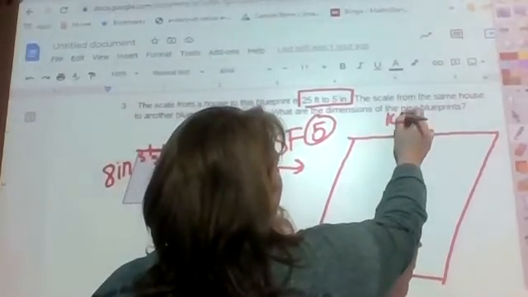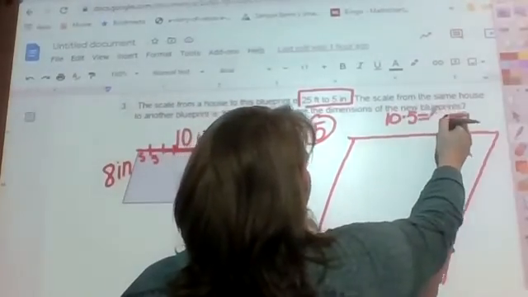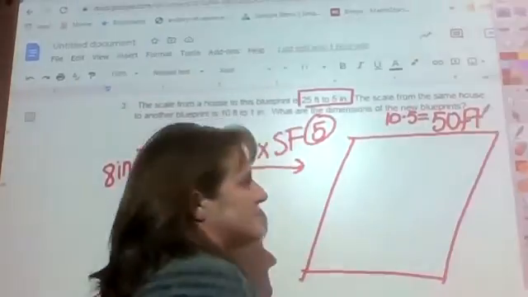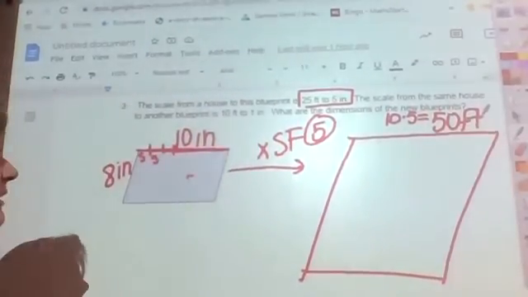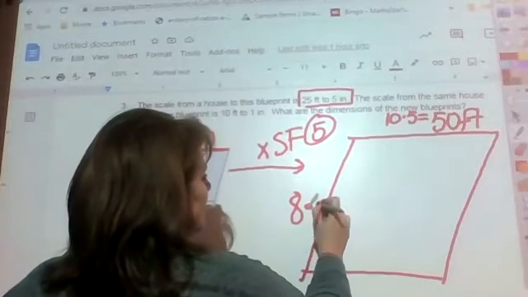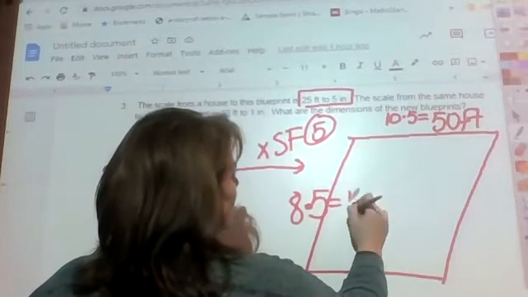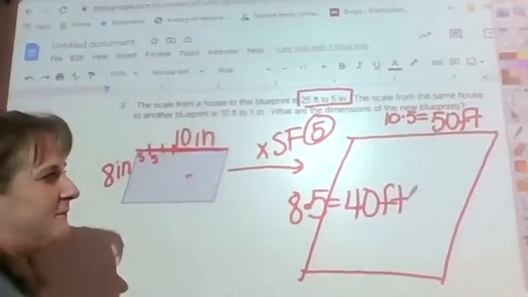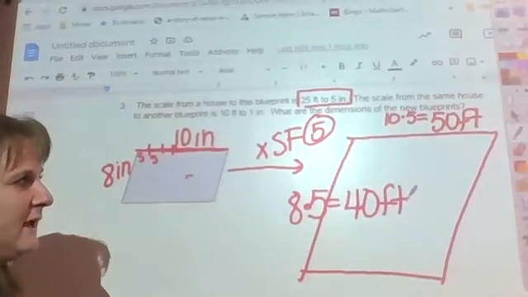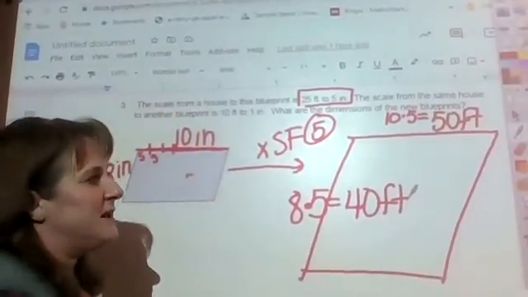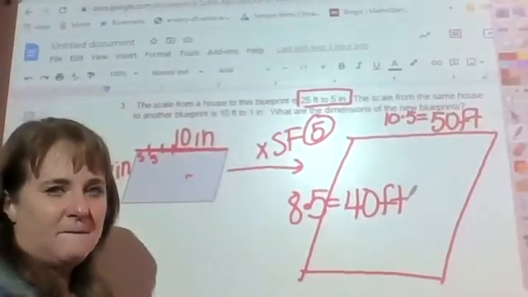This is 10 inches times our scale factor, so this comes out to be 50 feet. All right, this side right here is 8 inches times our scale factor. So really, that side is 40 feet. Okay, so that's what the actual dimensions of the house are.